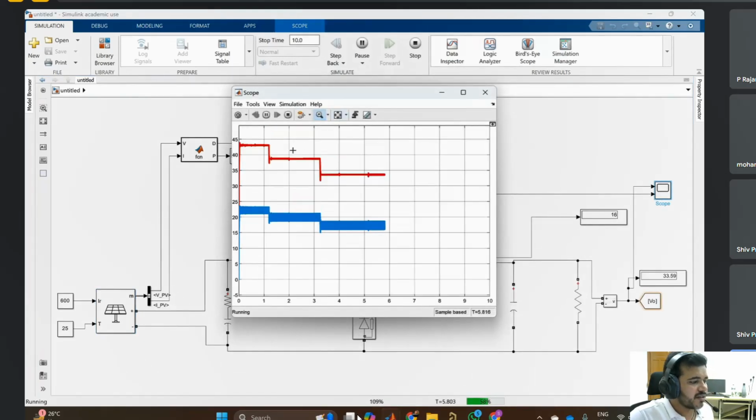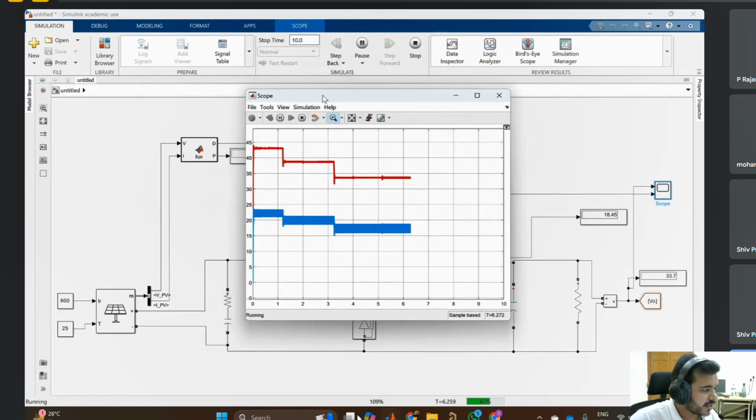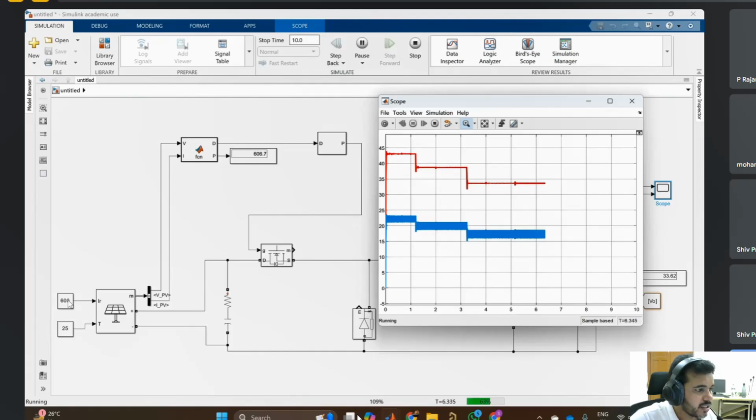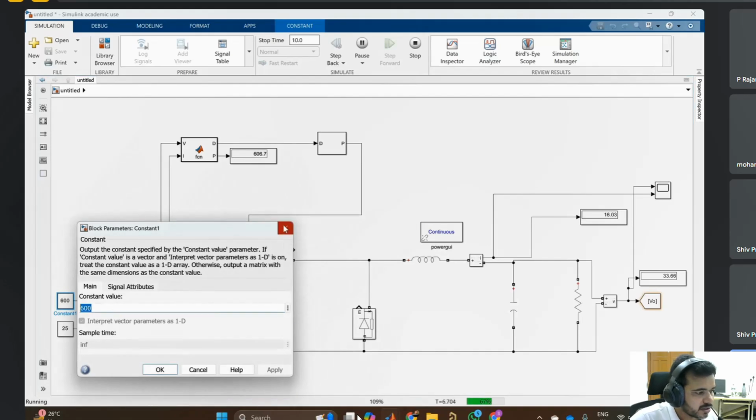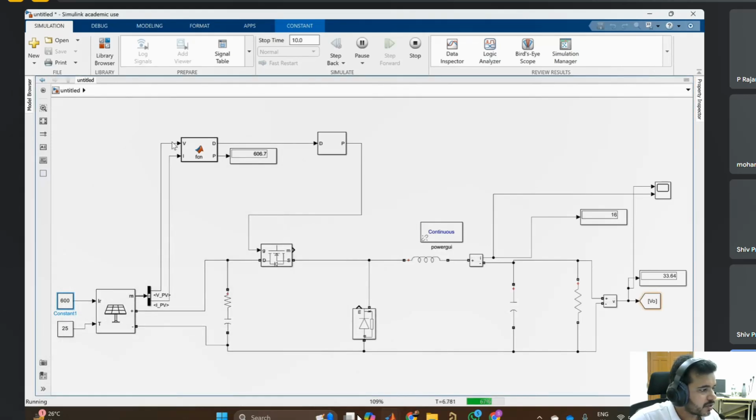You can see here the voltage also changes. When I decrease the irradiation, then voltage also decreases, and current also decreases. If we increase the irradiation, then both current and voltage increase. You can check here.